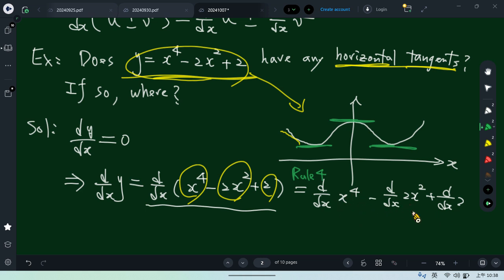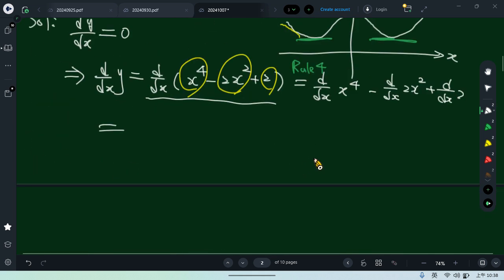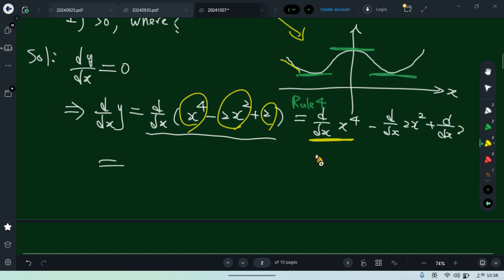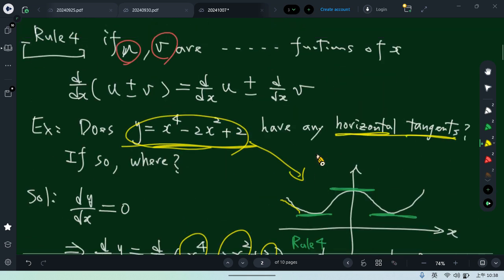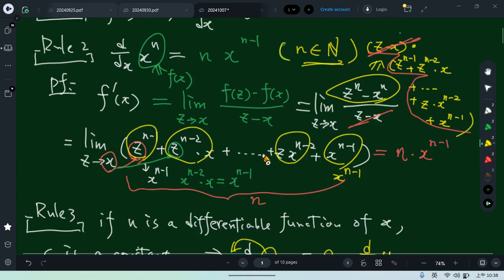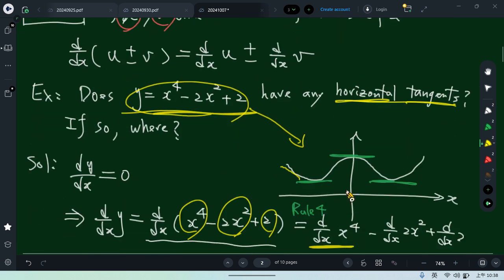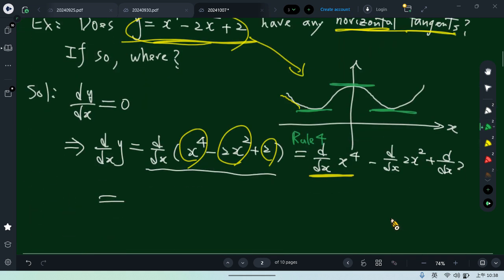As for this part, you can also apply the previous rules. For the first term, what rule can you apply? Rule number 2, right? So for this part, you can just use rule number 2.